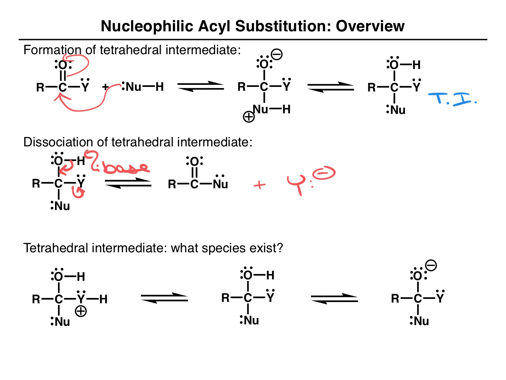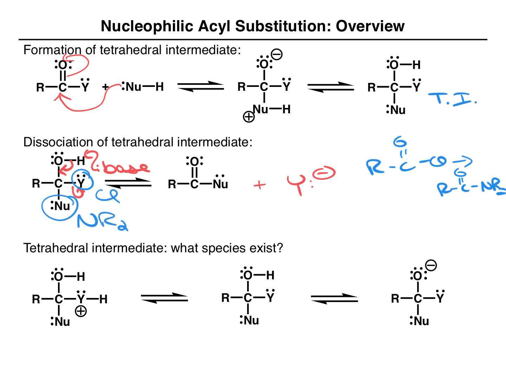So for example, if we want to consider whether an acid chloride can be converted to an amide, or whether an amide can be converted to an acid chloride, let's think about if this Y group is a chlorine and this other group has a nitrogen, then as these electrons come back in, it's really about a competition between whether this group is going to leave or whether this group is going to leave.